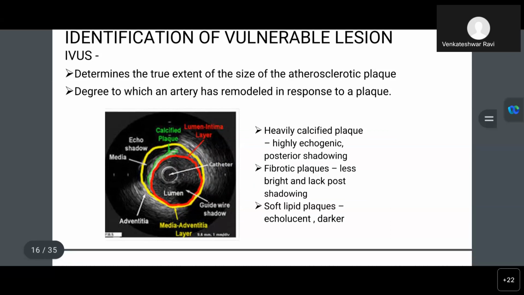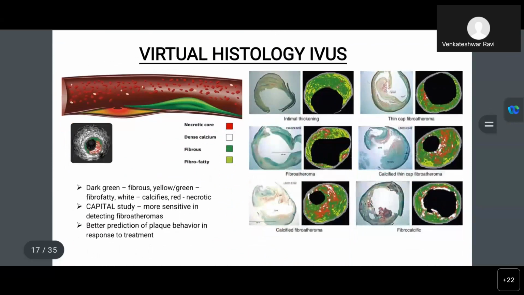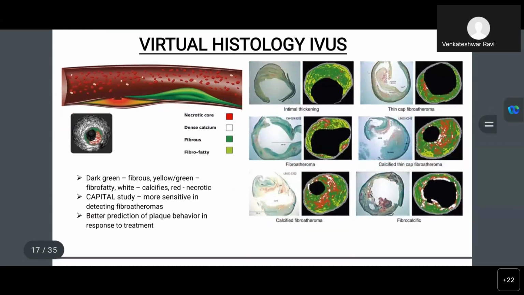You can see in the picture, I have marked the calcified plaque with a posterior shadowing. A modification of IVUS is the virtual histology IVUS, where dark green indicates fibrous, yellow-green is fibrofatty, white is calcified, and red is necrotic. A study was made on these characteristics.